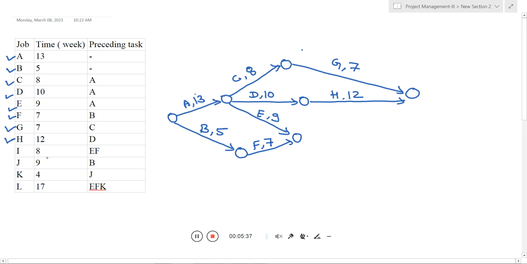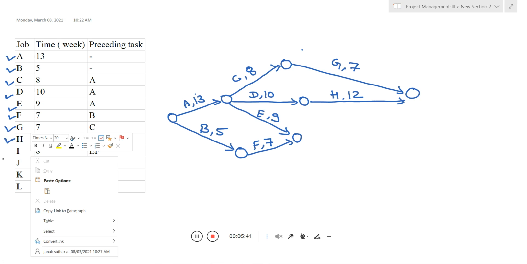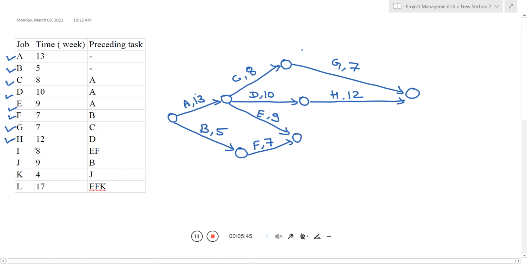Now talking about the activity I, 8 is the duration and E and F both play as a preceding relationship. That's why I drew it like that, E and F meet at one particular node, and I does not play as a preceding relationship, so you can directly draw like that.